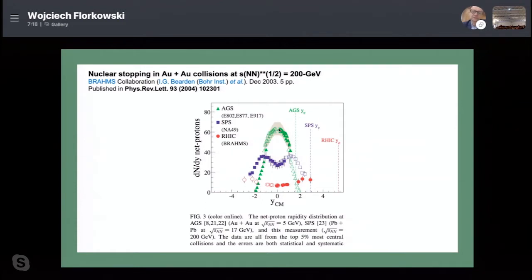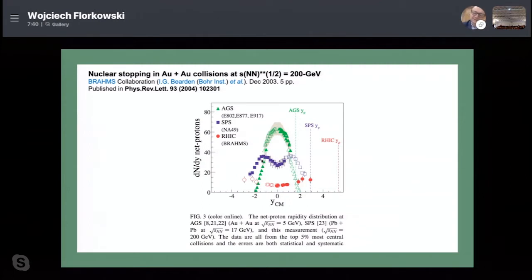But then if you go to higher energies, for instance to SPS energies, the square root of s of 17 GeV, which was the largest energy, I think, at CERN before the LHC started operation, then you have the violet curve. And you see quite interesting things.